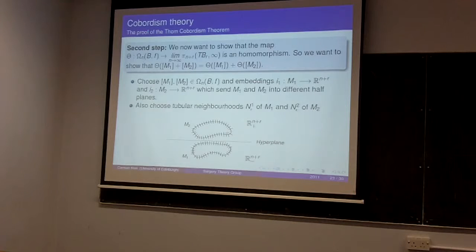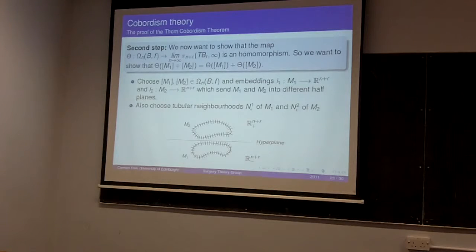So what we want to do is choose tubular neighborhoods, just as we did before, but we are going to be careful so that those neighborhoods still remain within the same half of the plane. So you see that M2 is embedded in R plus, and then there's the hyperplane, and M1 is embedded in the other part, R minus.